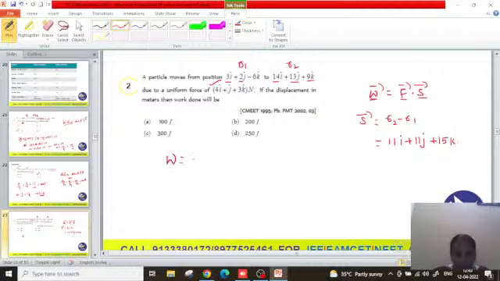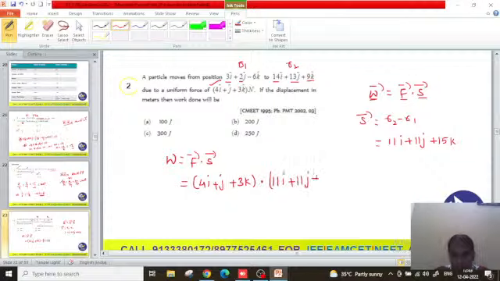Now find the work done by following the dot product. Force is given as 4i plus j plus 3k dot 11i plus 11j plus 15k. So i dot i means the corresponding components will be multiplied, then their product will be equal to 1, because i dot i equal to 1, j dot j equal to 1, k dot k equal to 1.